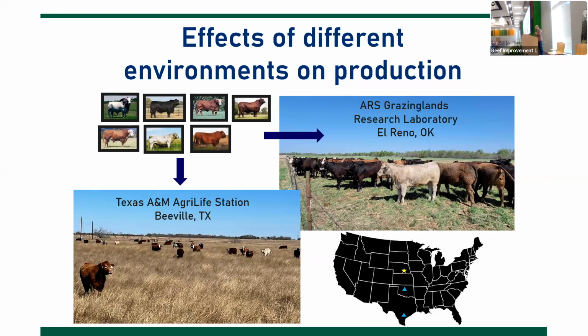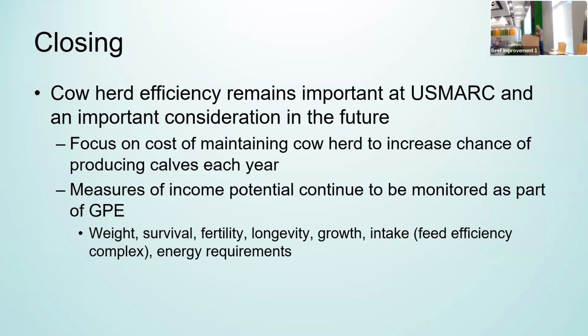We hope we can get differences that help understand, if possible, genetics by environment and management interactions, and possibly rewrite the rules slightly. So feed efficiency remains important for us, and overall we need to think about this as we're getting a bit better with our phenotypes in the industry.